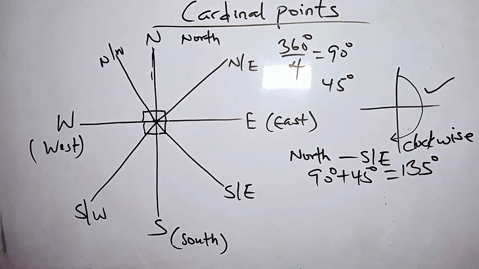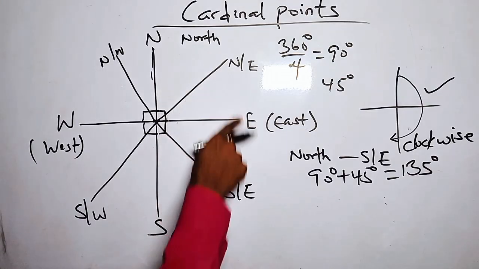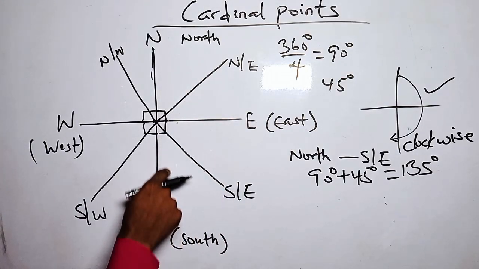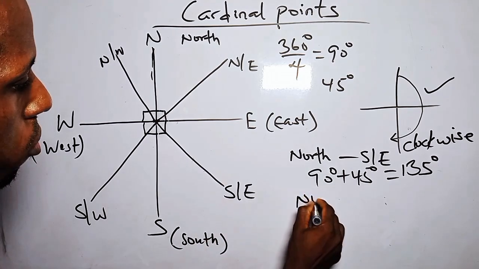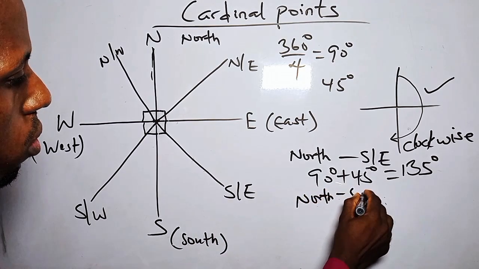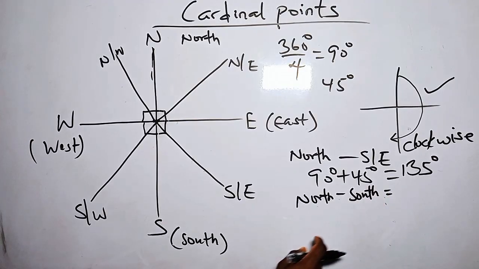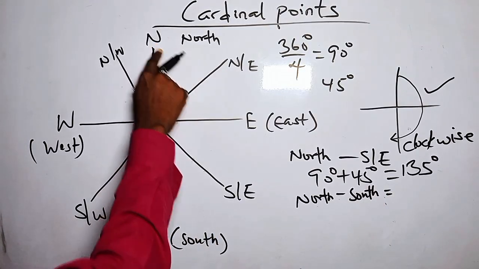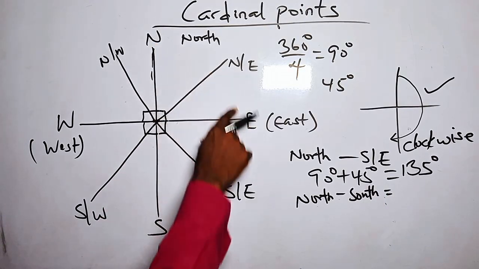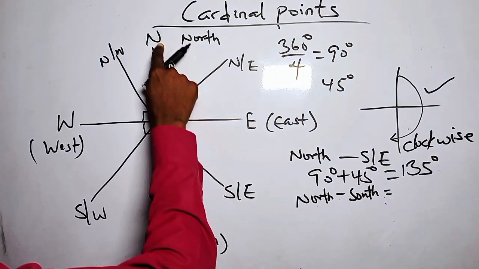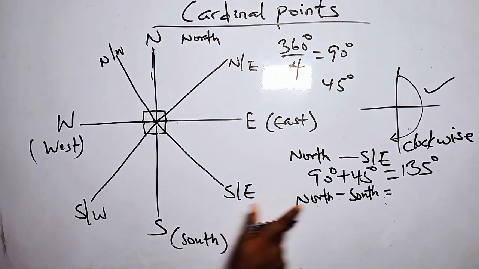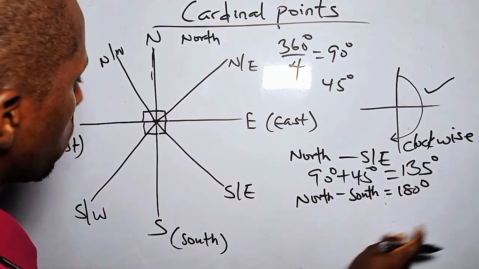So what's the angle taken in a clockwise direction from north to south? So we say we have this as north to south in a clockwise direction. For us to know the angle taken, the total here should be 180 degrees.